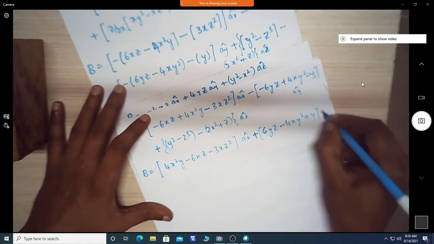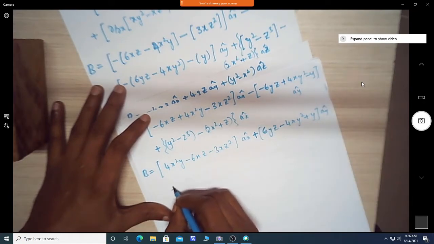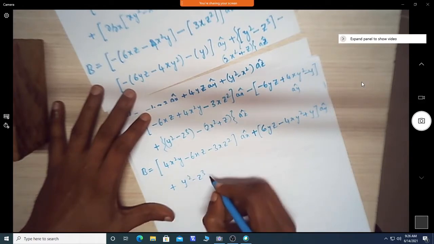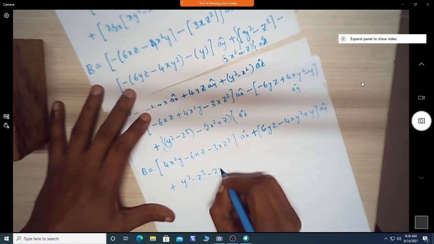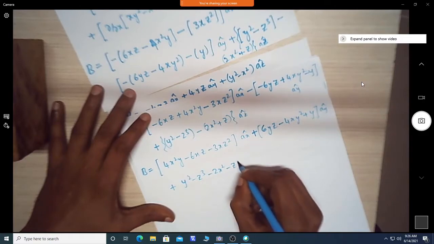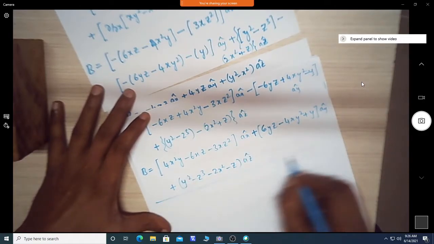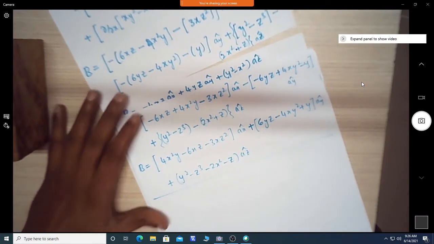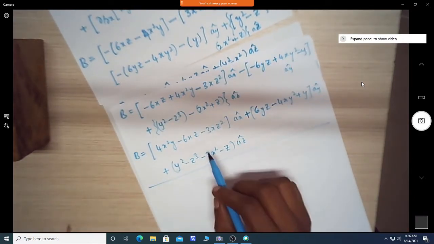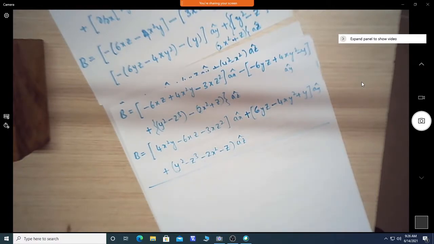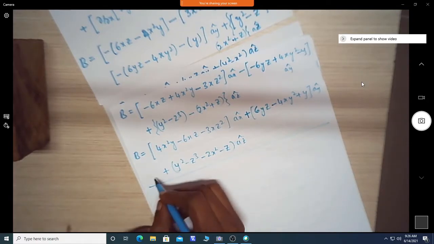This is in the direction of ay, plus y square minus z cube, minus 2x square minus z. This is in the direction of az. So this is the B we are going to get. So anybody got this? Check your answer.